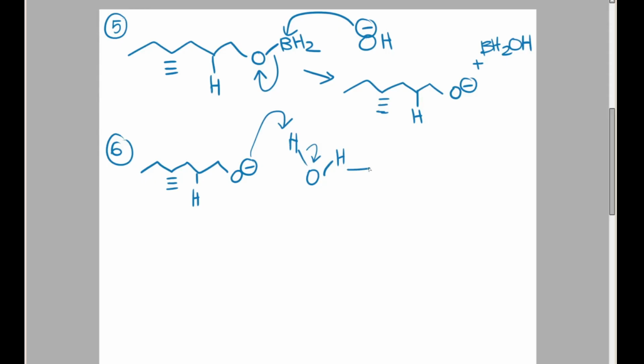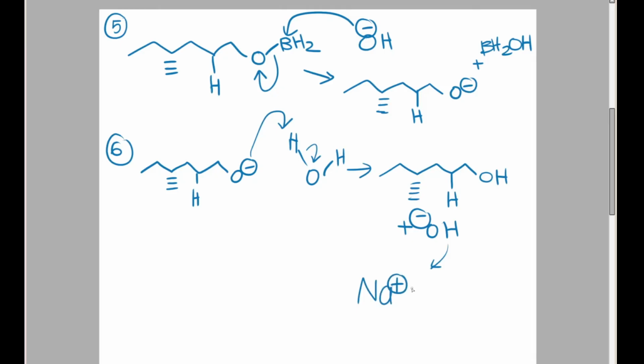So we'll get something like this. And then we'll have an OH minus again, which, if you remember, there's a positive sodium ion, so it's just going to be NaOH, but we don't really care about that because it's not the molecule that we care about.